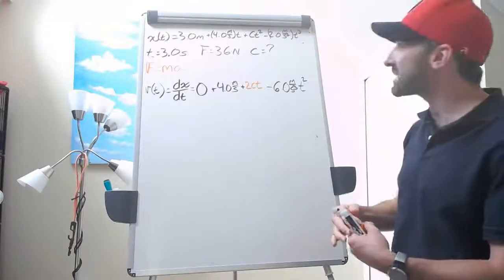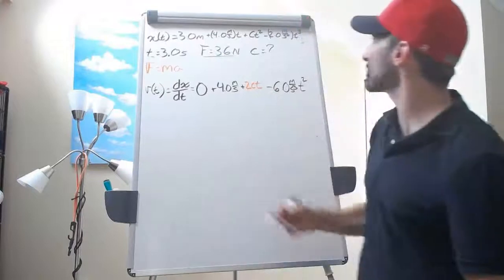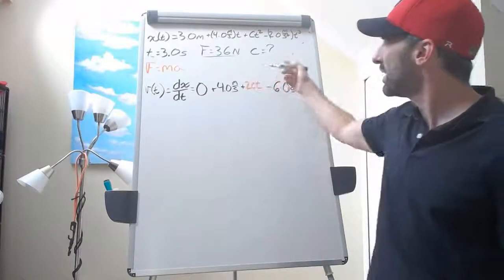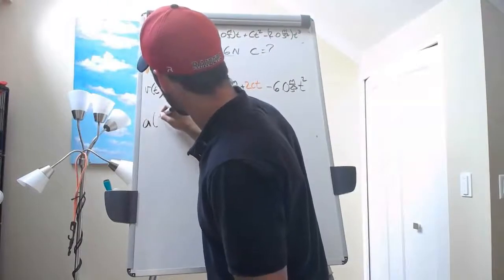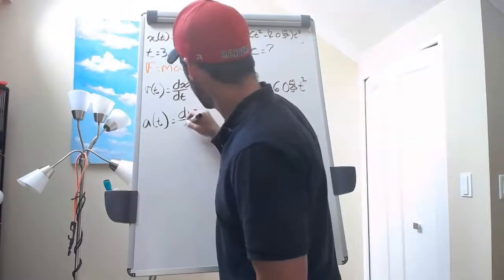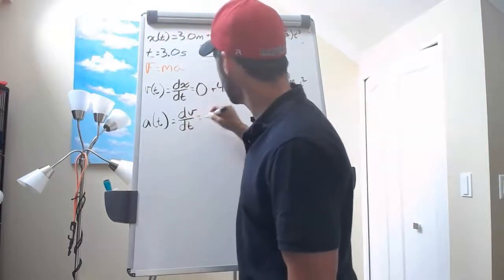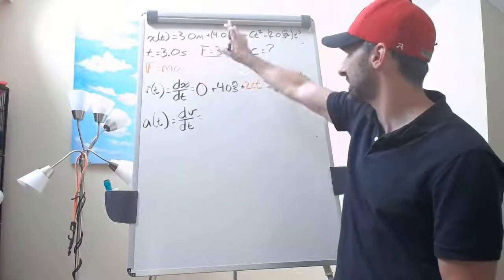Now I need to get to F equals ma because I'm given this force, right? So I'm still trying to figure out what that is. So now I'm going to do one more time the acceleration with respect to time. That is dv dt. And I'm not going to put in the zeros this time. I think we got that. So this is obviously 0.